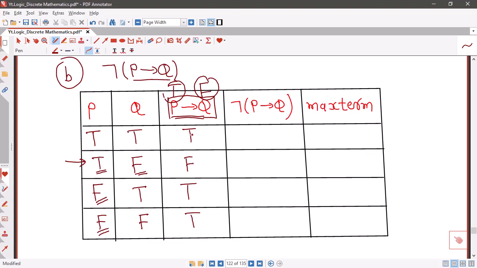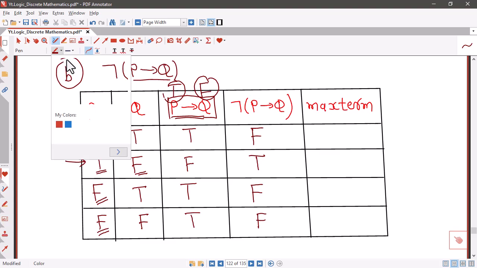In all other cases we have truth value T. Here we require negation of p implies q, so we write the opposite truth value. Here I have F, therefore I will write T. Here I have T, therefore I am writing F.